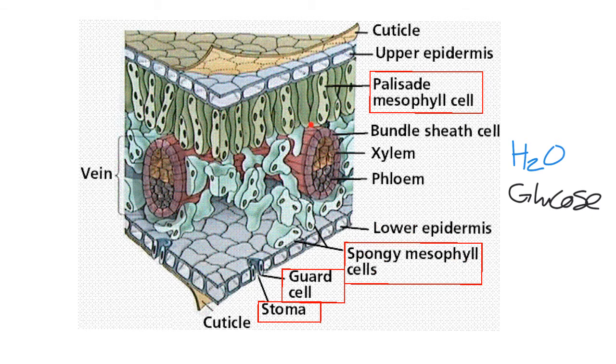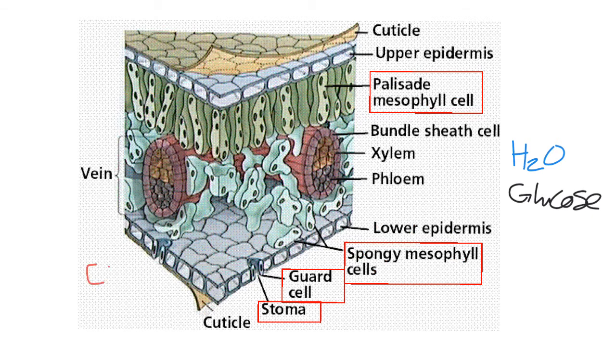And it's really important that these structures are in close proximity to one another so that these mesophyll have access to all the reactants that they need, whether it's water or carbon dioxide. And they also have a way to get rid of the products, which are glucose and oxygen.